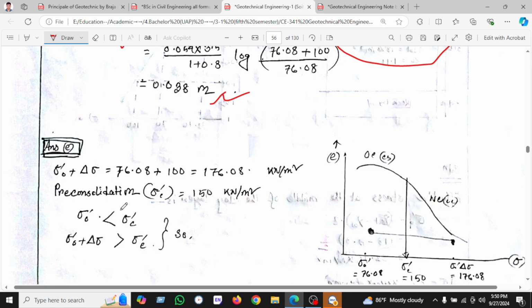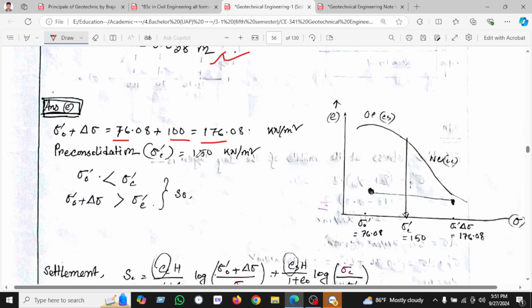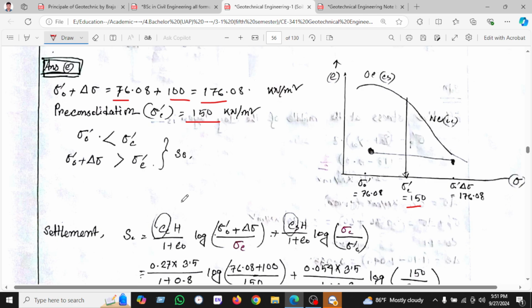And in number 3, we can see here sigma naught plus delta sigma, which we found as 76 plus 100, which is 176.08 kilonewton per meter squared, and the pre-consolidation is given as 150. We have seen here that sigma naught is 76, which is less than 150. On the other hand, when we add delta sigma, we find 176, which is greater than 150.